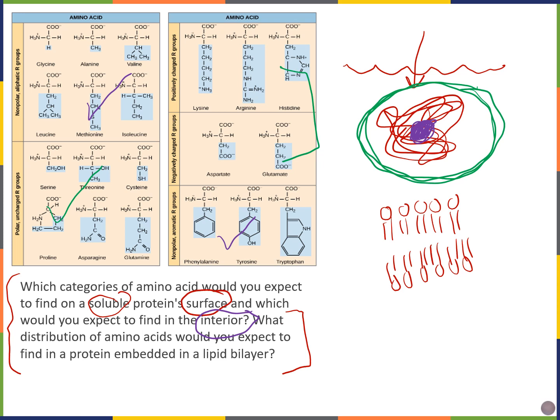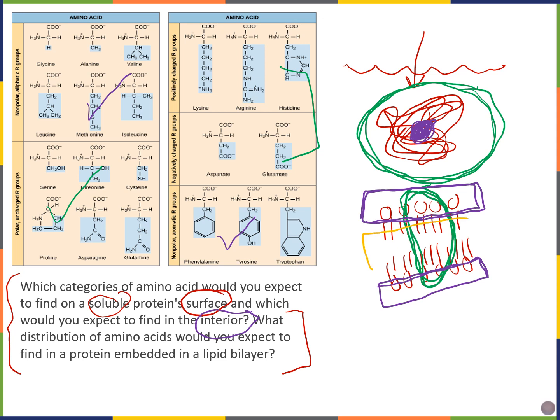So if I had a protein embedded in here, some kind of protein like right there, that green thing, then I would say that any part of the protein that is in that hydrophilic region, those R groups are probably hydrophilic. And the R groups that are part of the protein portion in this orange color, those are probably hydrophobic R groups found there.